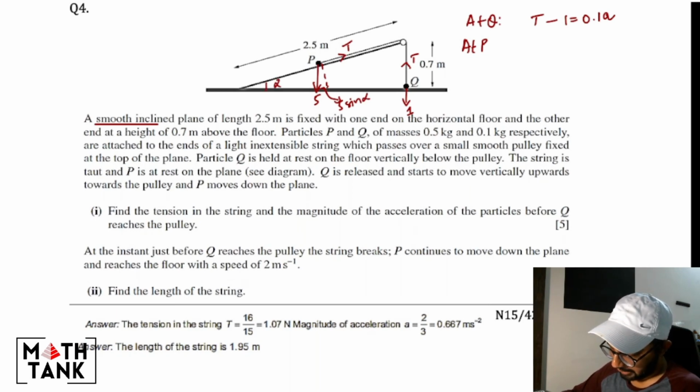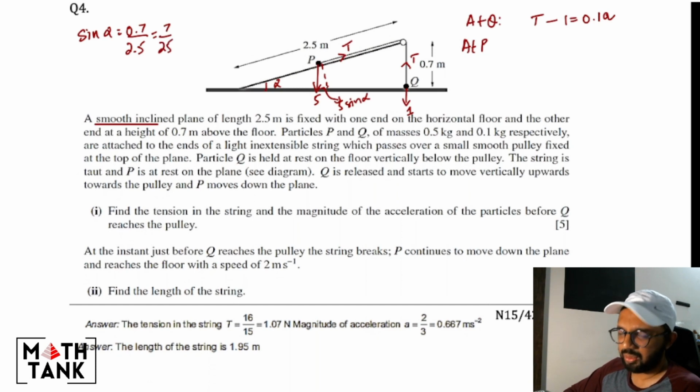Now, if you notice, I don't have alpha in this case, but I know the dimensions of the plane. I can see the right triangle that is here, and I can simply say that sine alpha is going to be 0.7 over 2.5, which is 7 over 25. I don't need the exact angle, I can just manage with sine alpha. So I'm going to say that 5 sine alpha minus T equals 0.5A.